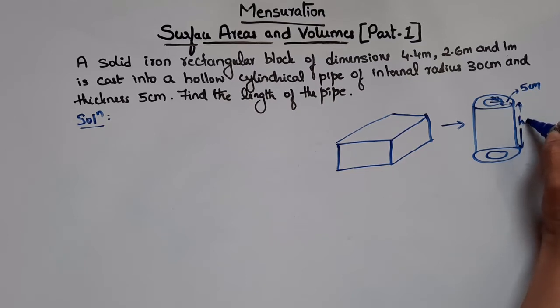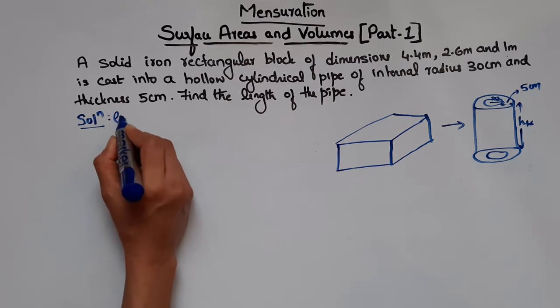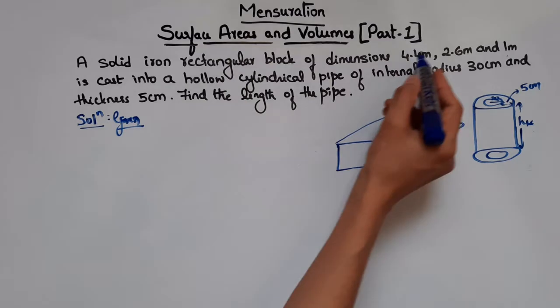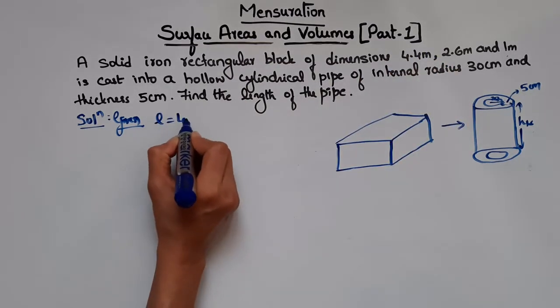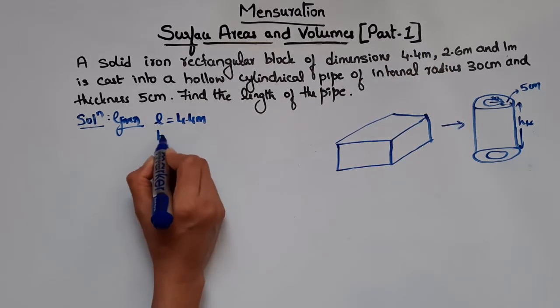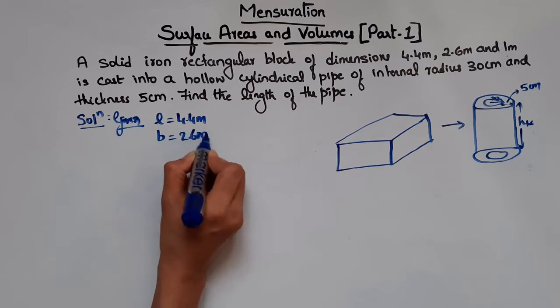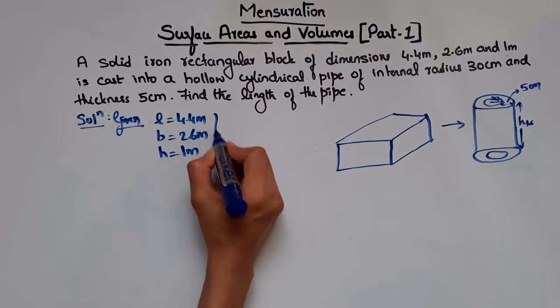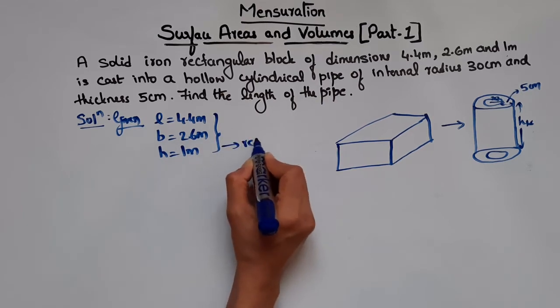So let's take this as a hollow cylinder. So what is given? Given here are the dimensions of this iron rectangular block. Here length is 4.4 meter and breadth is 2.6 meter and we have height is 1 meter. So these are the dimensions of the rectangular block.